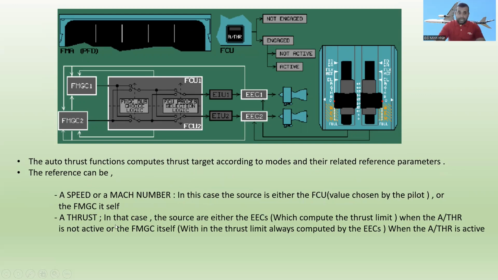For thrust, in that case, the source is either the EECs, which compute the thrust limits when the autothrust is not active, or the flight management guidance computer itself, with thrust limits always computed by the EECs when the autothrust is active. Okay, just remember it.